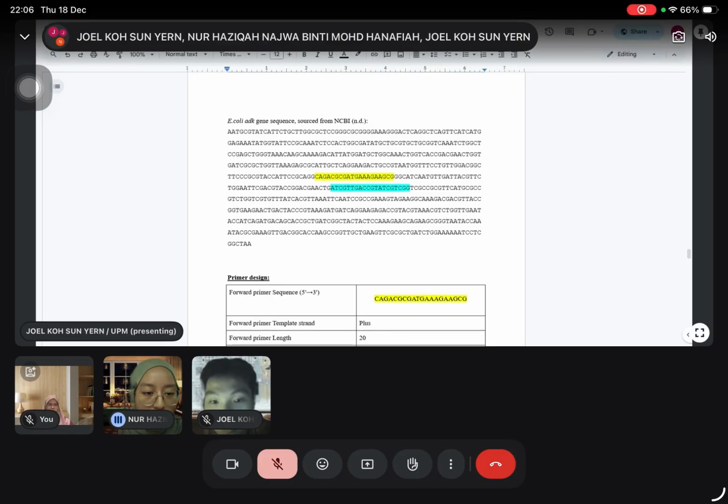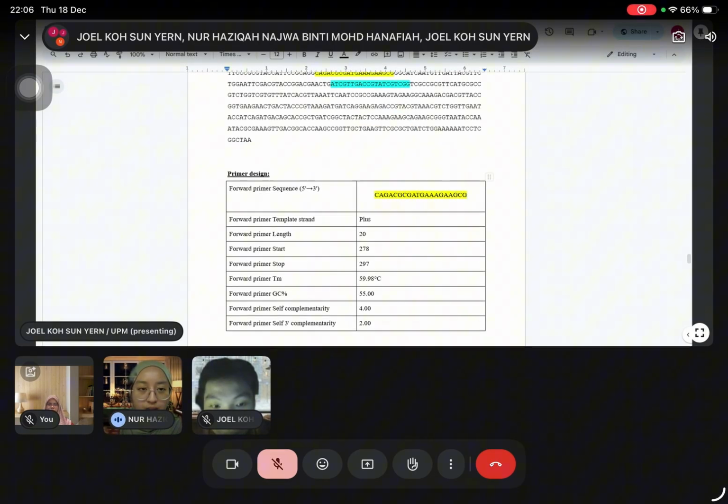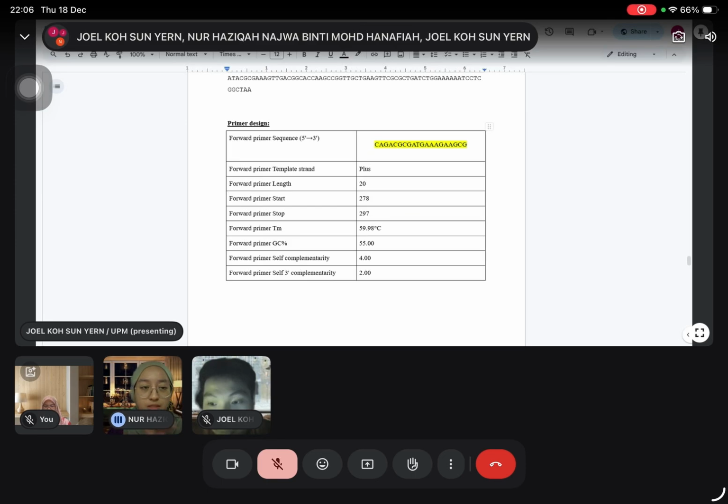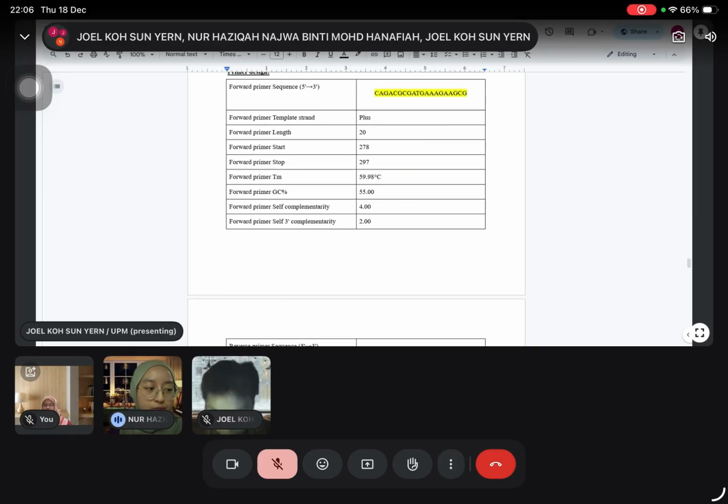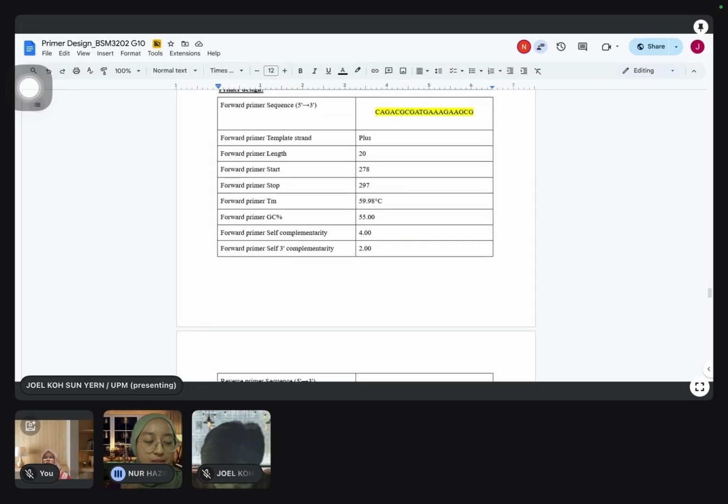its template strand is plus and its primer length is 20, which is an ideal length. The ideal length is from 16 to 30, so 20 is within that range. The forward primer starts at 275 and stops at 297.